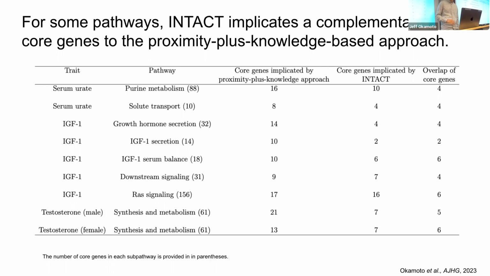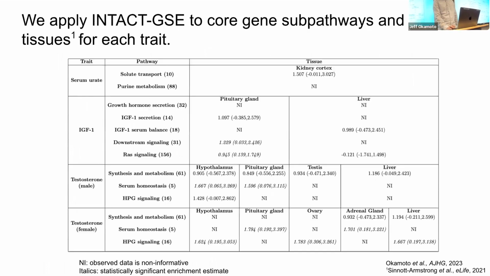The first is that remember, we're implicating genes using transcriptome data with INTACT, and the transcriptome might not necessarily be the most relevant omics platform for the given core gene. In addition, the proximity plus knowledge-based approach does not incorporate an explicit FDR control mechanism. So that could be another reason for this discrepancy.